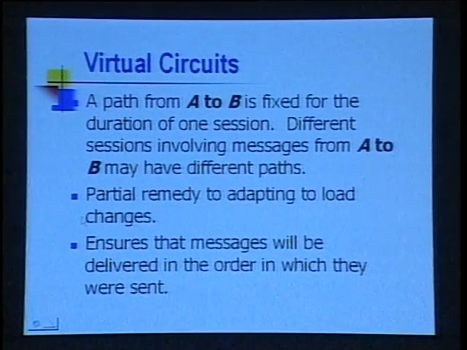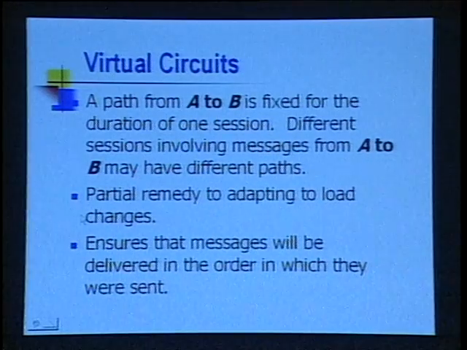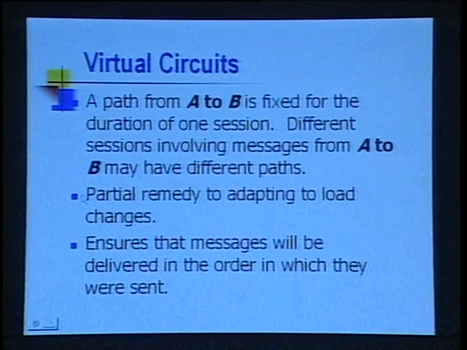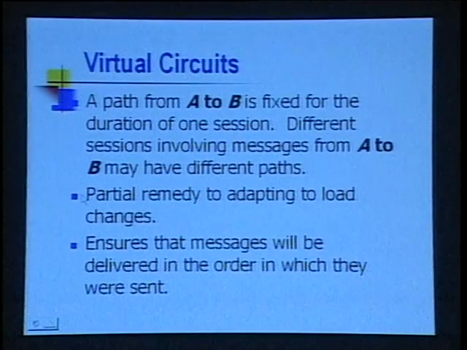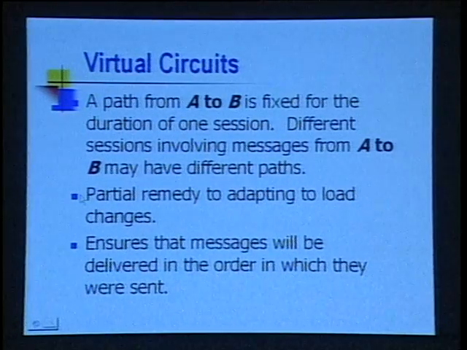If along that particular path from machine A to machine B there is a load change, it provides a partial adjustment, because as long as that session continues, the path will stay the same. Once the session changes, we have the next session, and the path may be different.